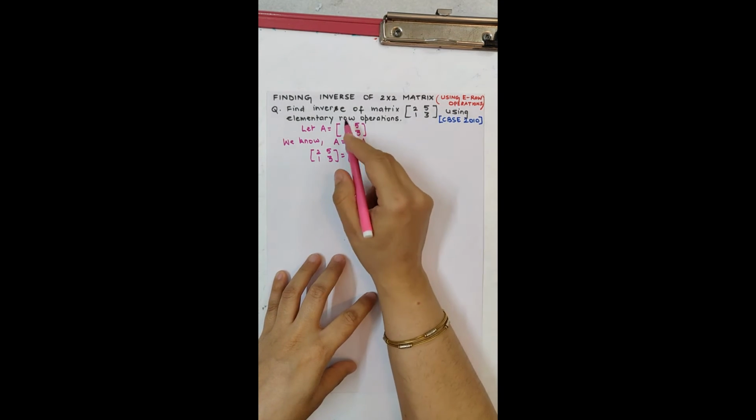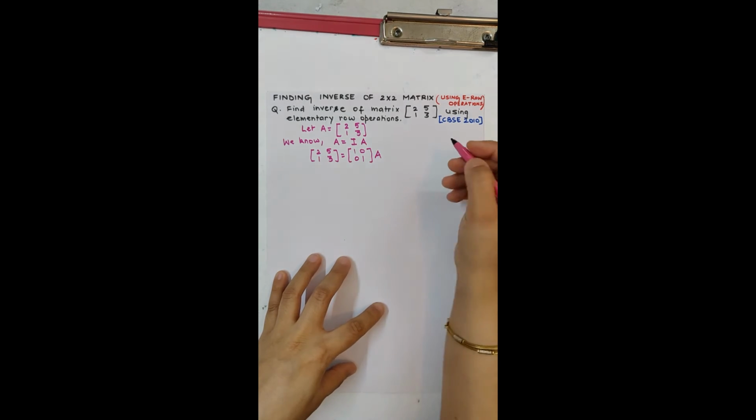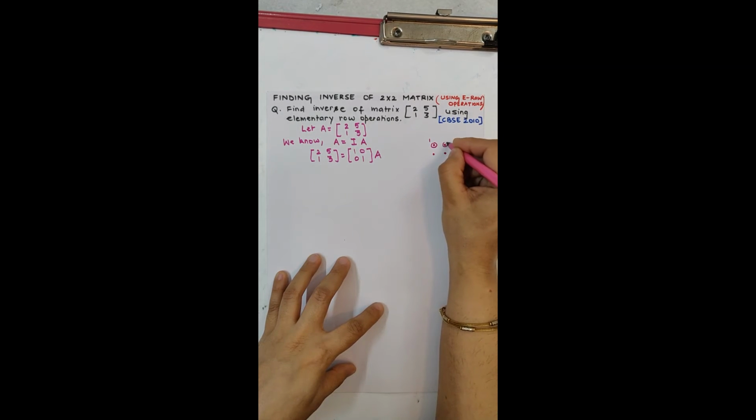Now I have to apply the operations in such a manner so as to convert this matrix into identity matrix, right? So I have 4 elements here, 1, 2, 3, 4, from which I have to convert this into 1, this into 0, this into 0 and this into 1.